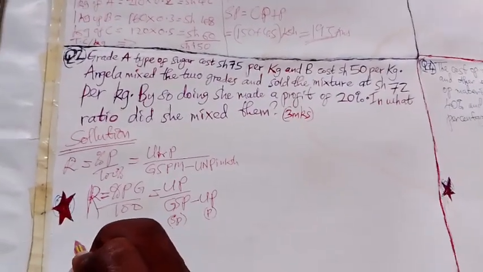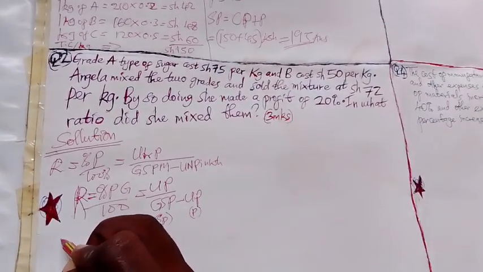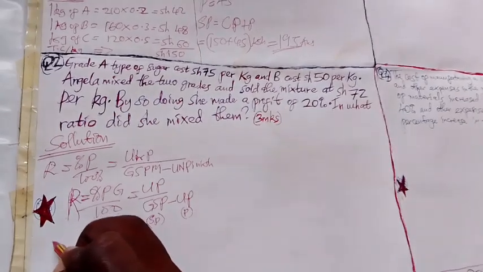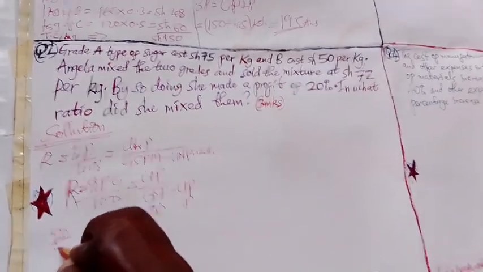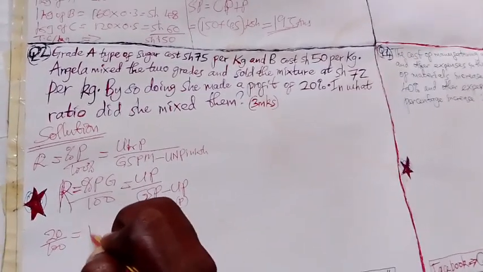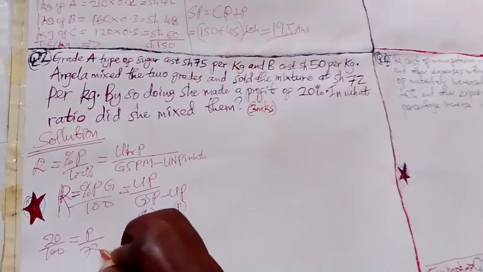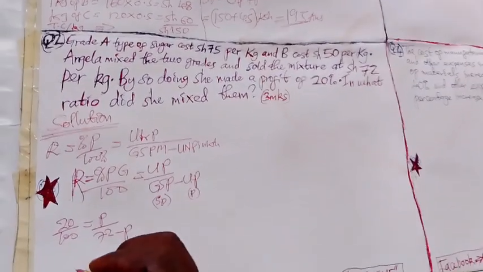Okay, so for the case, we are going to say 20% of 100 is equal to profit over 72 minus profit.